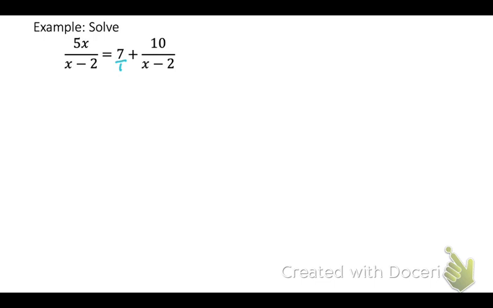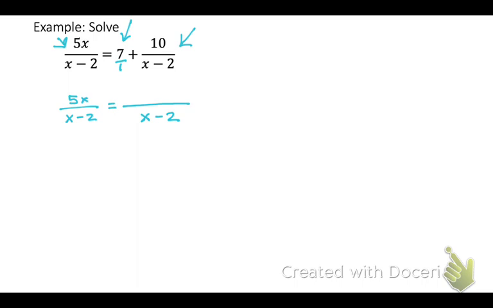So do we have it on the left? Do we have it here? No. Do we have it here? Yes. So I'm going to have 5x over x minus 2 equals, over here, my common denominator is going to be x minus 2, correct?